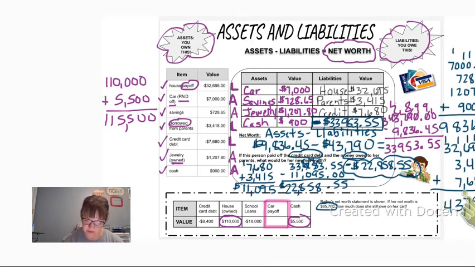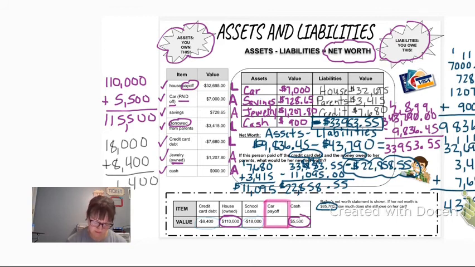Now let's add up the two liabilities that are given to us. So 18,000 plus 8,400. Okay, so right now her liabilities are at 26,400.